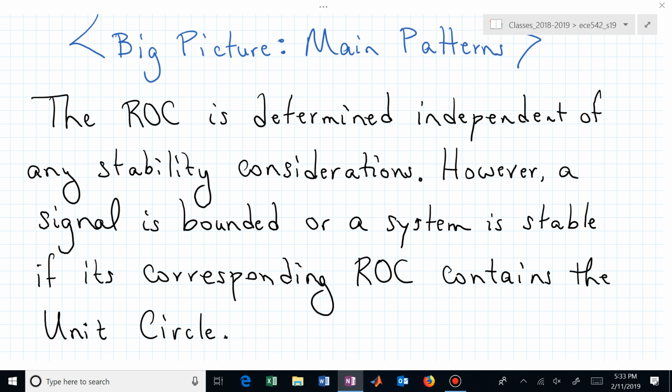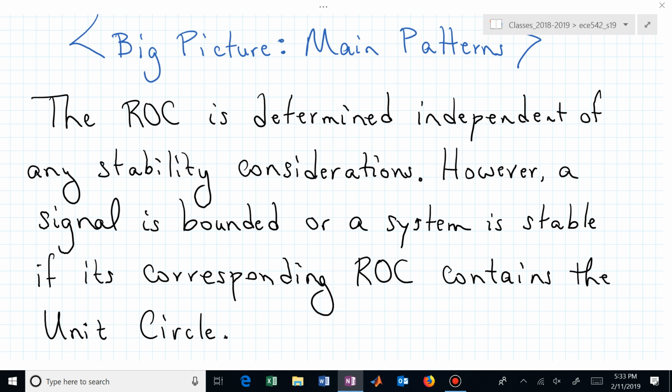What I'm meaning by that is it doesn't matter how x of n behaves with time. It could go unbounded, it could be bounded. That doesn't influence the region of convergence. The region of convergence is determined independent of how x of n is evolving or fluctuates with time, or with n, I should say, with index n.